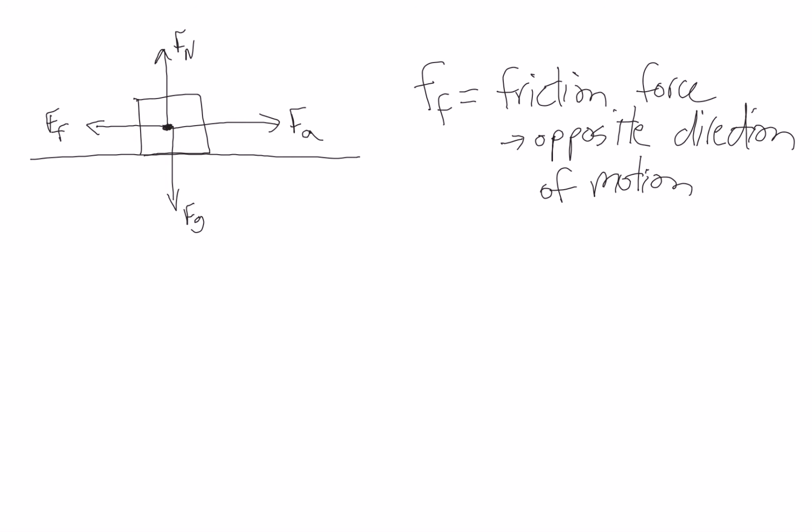The last one that we're going to look at is tension. Tension is the same idea as an applied force. The only difference is that we're pulling an object with a rope, or hanging something from a rope. Let's suppose we have a sign that we tie to a rope and let it hang down.